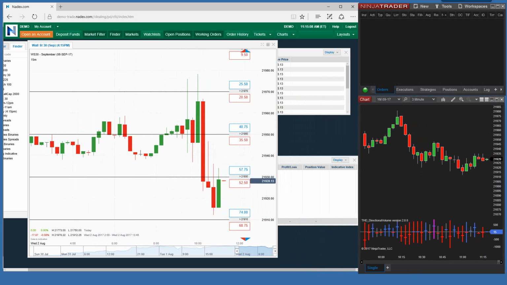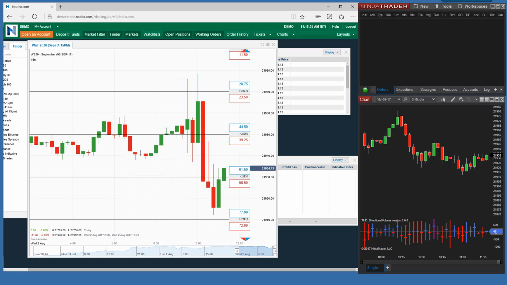If you're using a platform like NinjaTrader or MultiCharts or TradeStation, it's using your computer time, okay? Now, Nadex is web-based, so you don't have to worry about it. It's not using the time on your computer. It's internet-based. It's working off of their servers, okay?